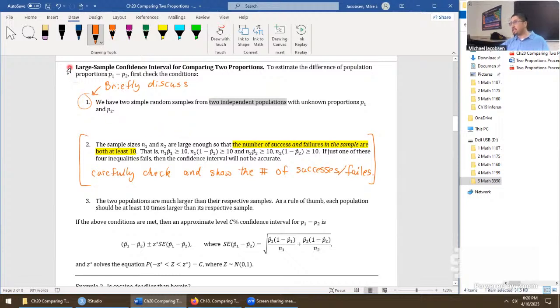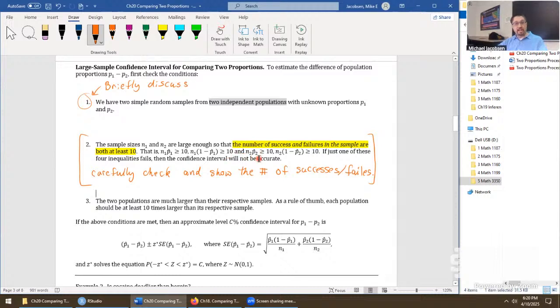Well, it is a large sample confidence interval, so we expect a large value for our total sample size. But the actual requirement here says number of successes and failures in the sample, not like hypothesis testing, which is expected successes. It has to be greater than 10 for the first, this is successes. The failures has to be greater than 10 for the first sample as well.